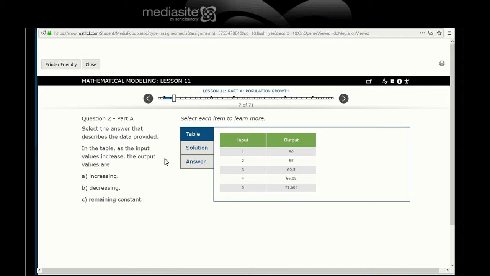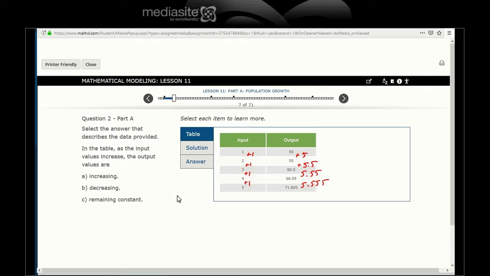Okay, select the answer that best describes the data. Okay, not always going up by a constant amount here. Here we go plus .5, .55, .555, I believe. All right. So let's see. In the table, as the input value increases, the output values are, okay.